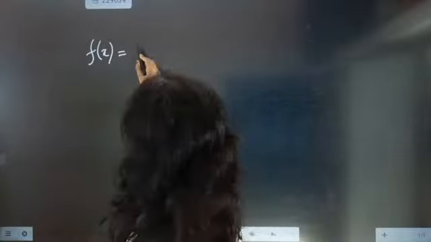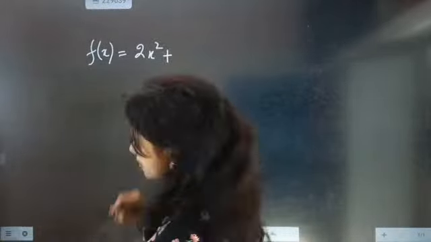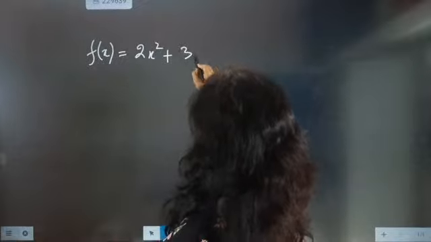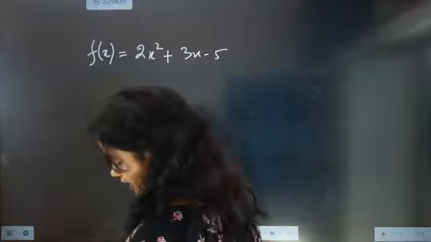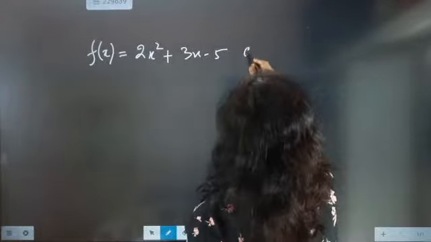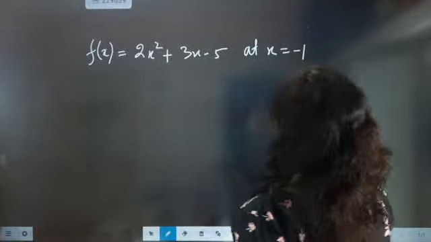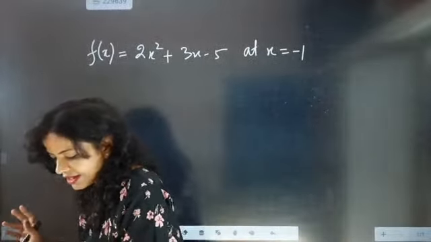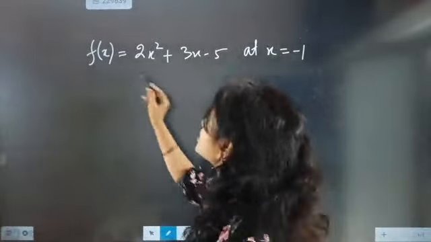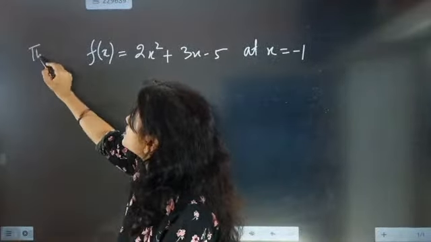Now go for this question. Now you have to find the value. F of x is given to you, and it is 2x square plus 3x minus 5. At x equal to minus 1, the function is derivable.